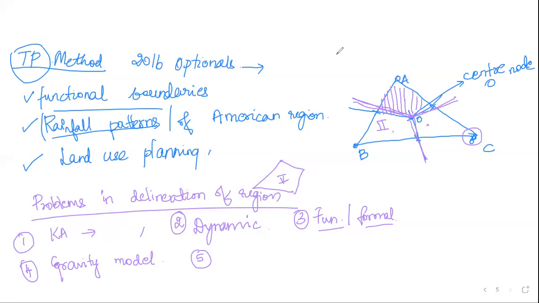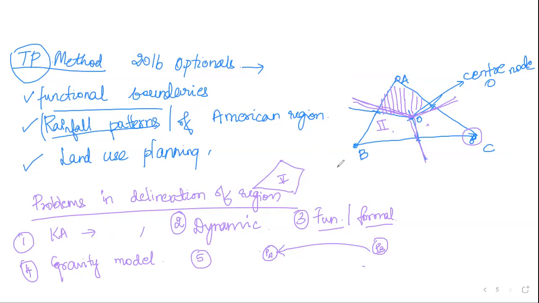Now, gravity model problem, gravitational analysis problem. What is this about? See, this one I've already described to you in one of the previous classes. In gravitational analysis, what will exactly I be doing? I will be taking the population of one particular city, and the population of another city, and whichever has greater population will influence the other.